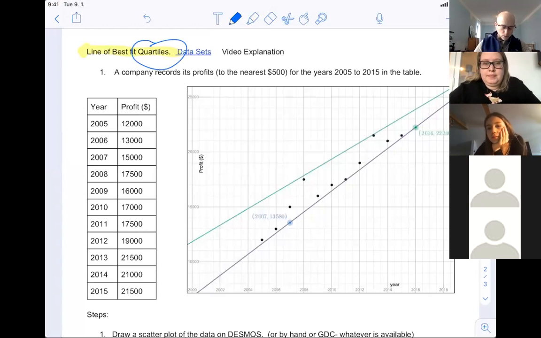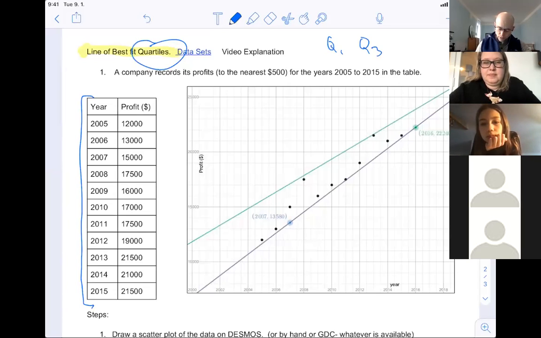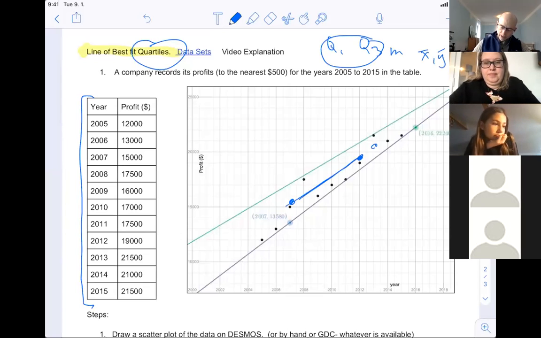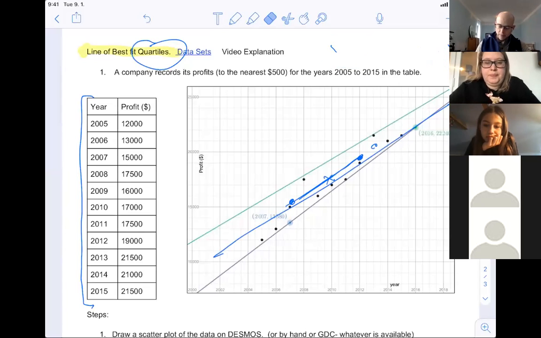We look at our data points and find quartile 1 and quartile 3, roughly here and here. From that, we can get our slope. So the quartiles will give us our slope, and then we get the point x bar, y bar again and put it through that line with the slope from the quartiles. It uses all the data in clever ways to come up with our line of best fit.